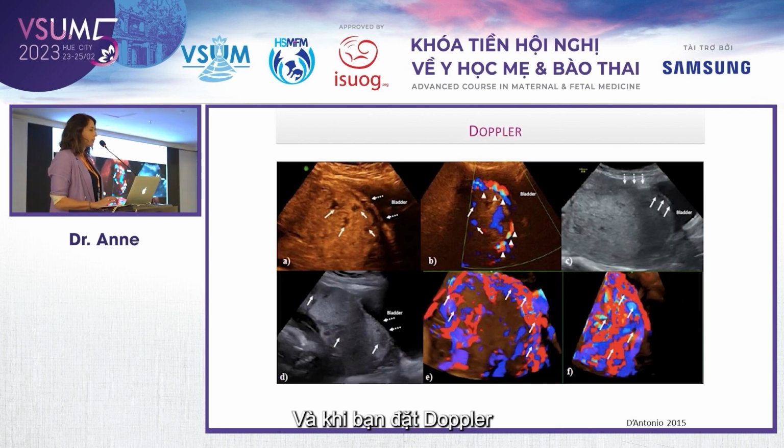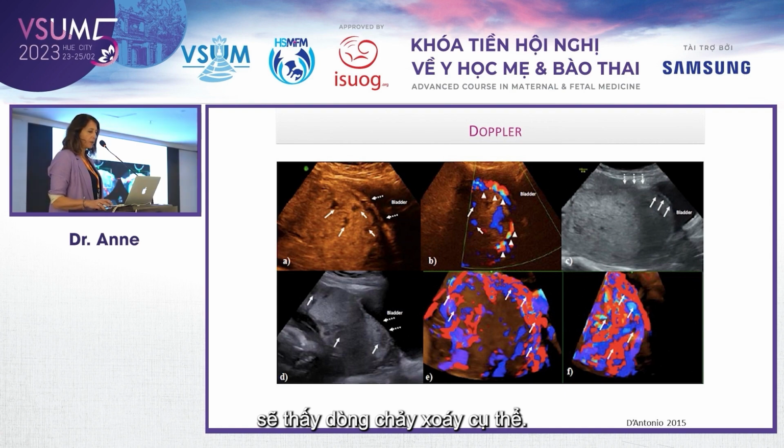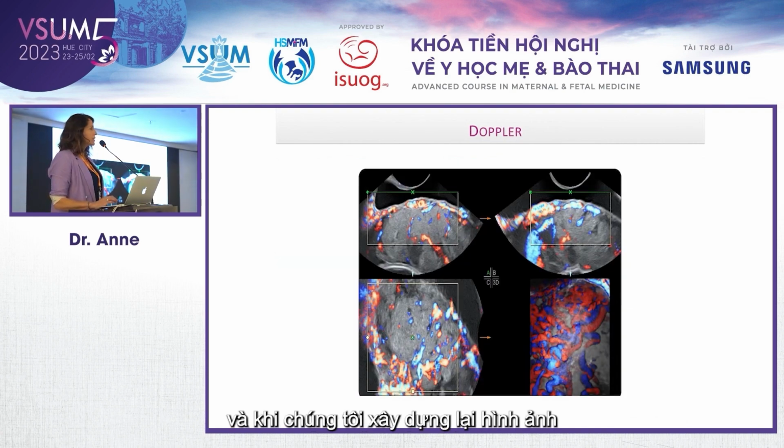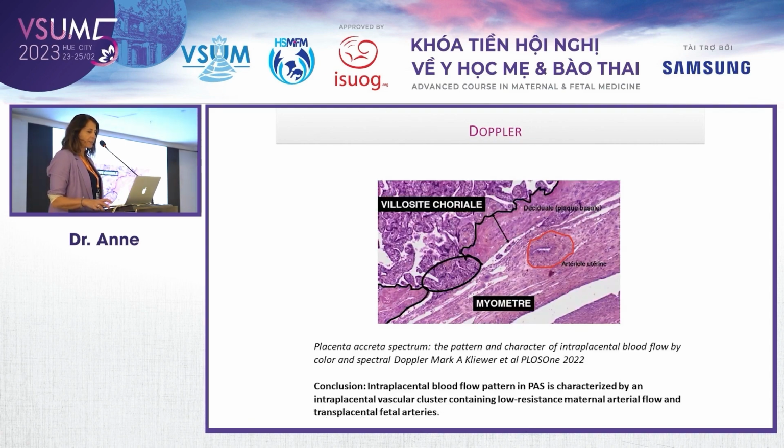When you apply Doppler, you have this particular swirling flow, and when we rebuild the images, you can have this cartography, this map of important vessels.